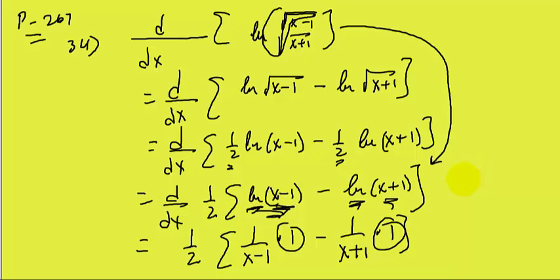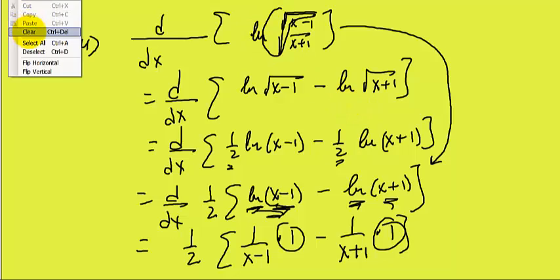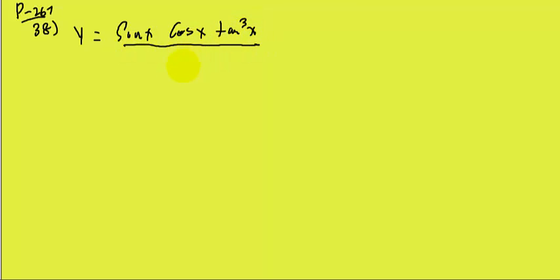Alright, let's do number 38. You'll see why logarithms are useful when you're taking derivatives of really long functions. This is number 38 on page still 267. y is equal to sine of x times cosine of x times tan cubed of x, all that over square root of x.